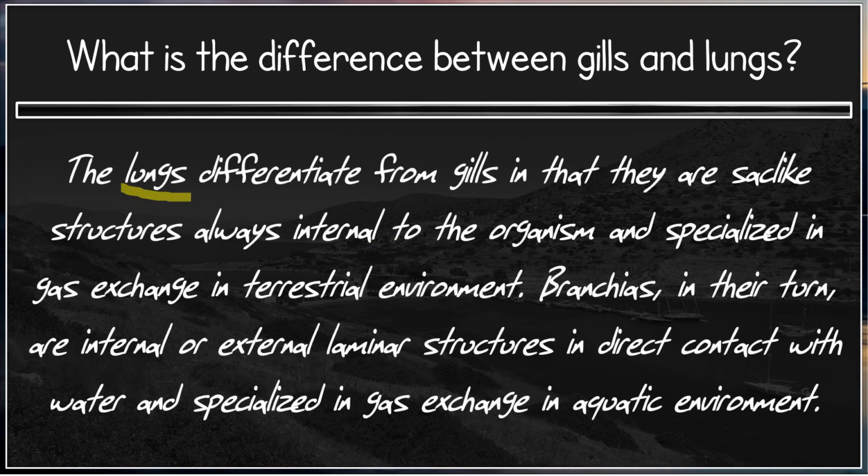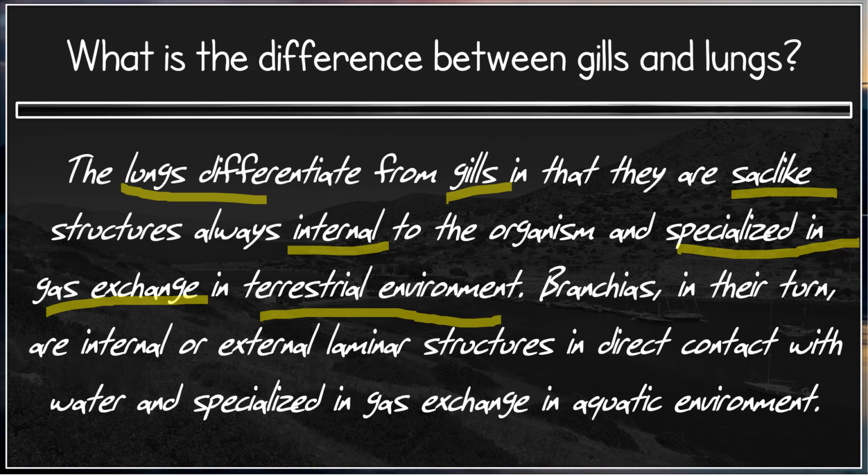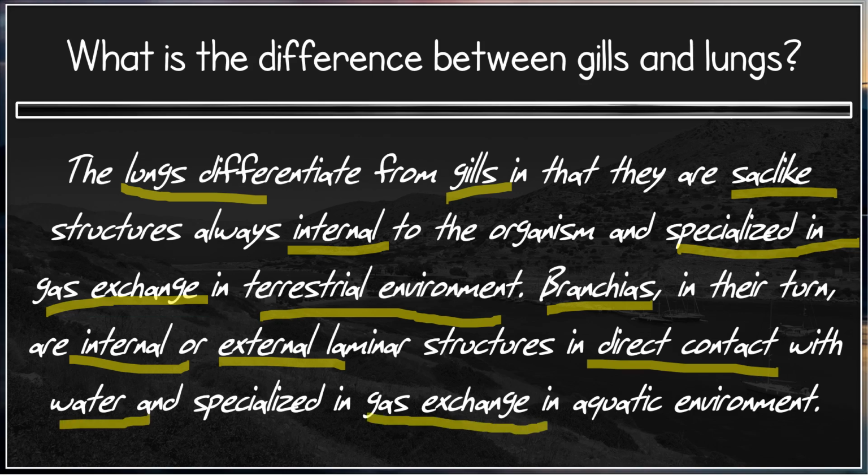The lungs differ from the gills in that they are sac-like structures, always internal to the organism and specialized in gas exchange in the terrestrial environment. Branchiae, in their turn, are internal or external laminar structures in direct contact with the water, specialized in gas exchange in the aquatic environment.